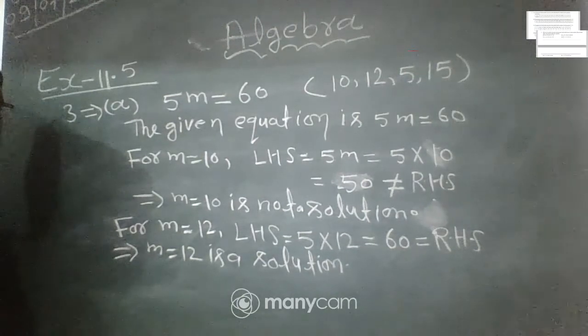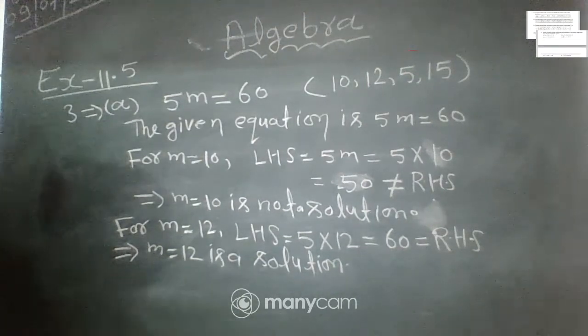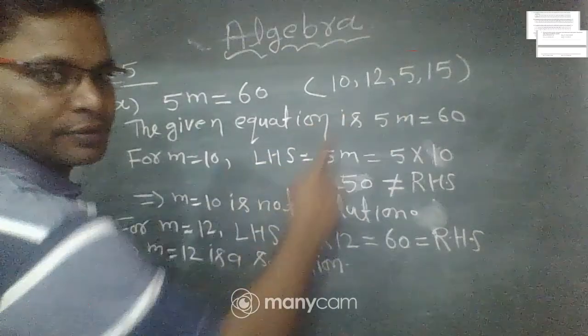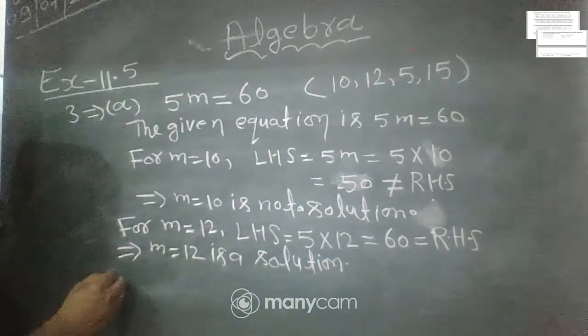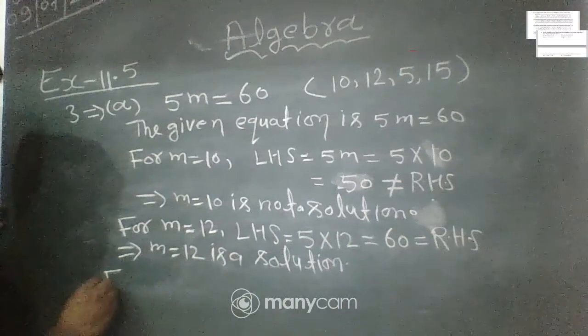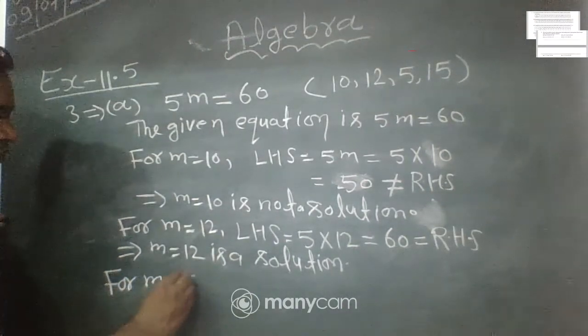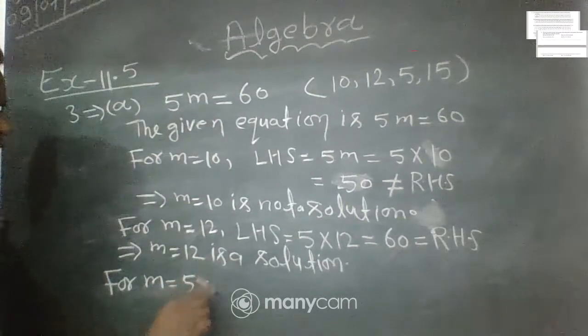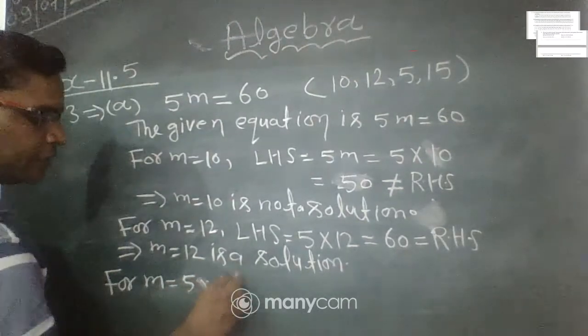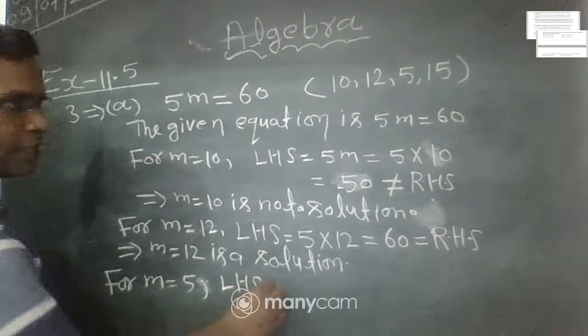Now we take m is equal to 5. For m is equal to 5, we obtain the left hand side 5m.